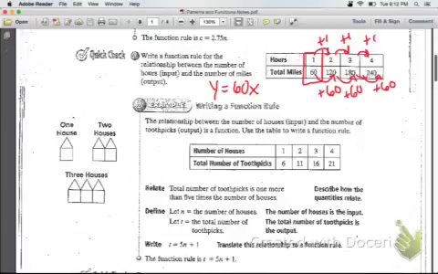Let's look at example 2. In this case, the relationship between the number of houses and the number of toothpicks is a function. Use the table to write the function rule. So we increase by 1, and we increase here by adding 5 each time.